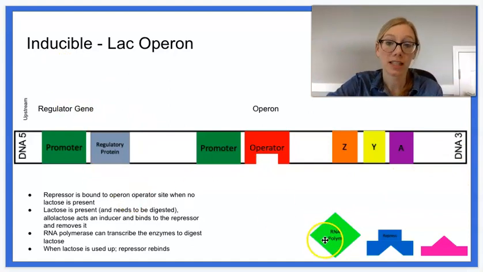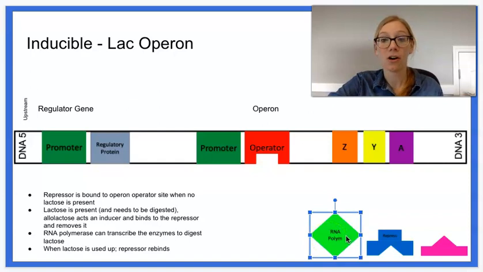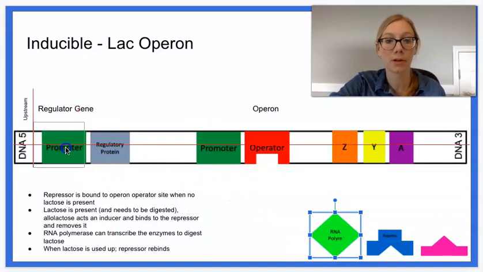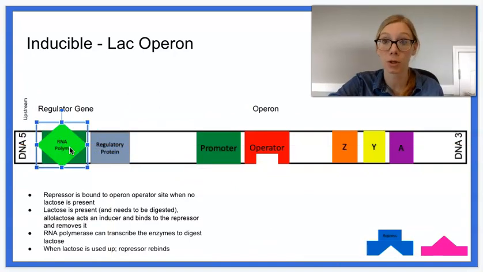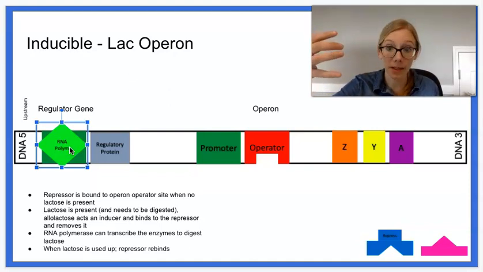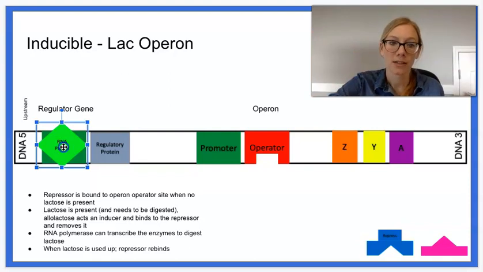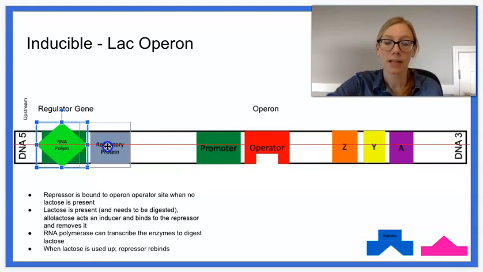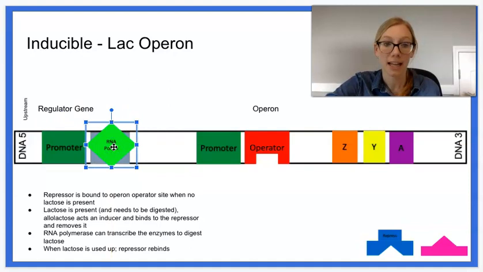Okay, so typically what will happen? Typically we have RNA polymerase. Just like we saw before, RNA polymerase will bind at my promoter region. Remember, RNA polymerase's job is to add RNA molecules that are complementary to the DNA molecule there that code for a protein. Okay, so this RNA polymerase is going to go along my DNA and it's going to hit my regulatory protein.